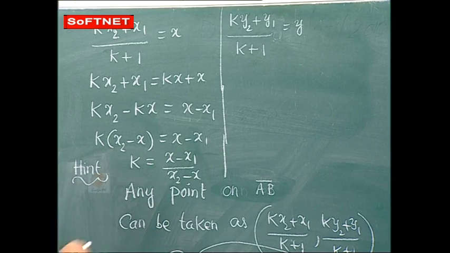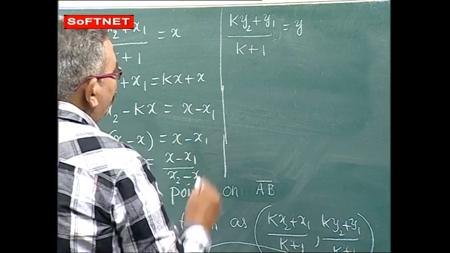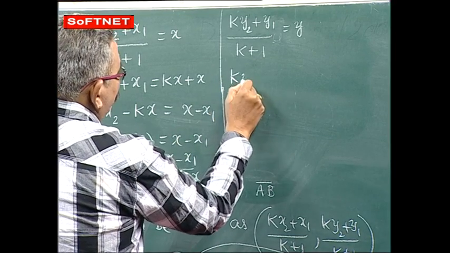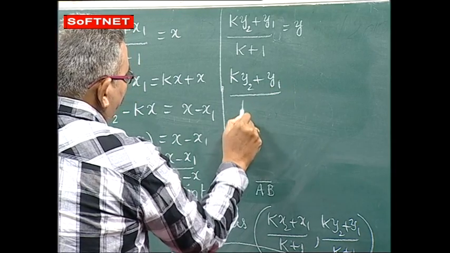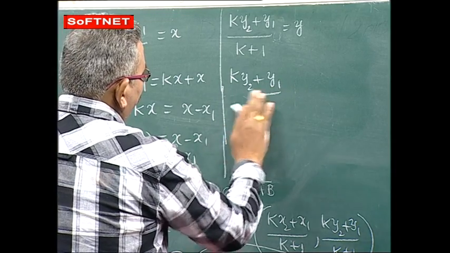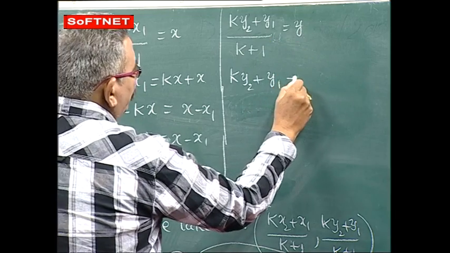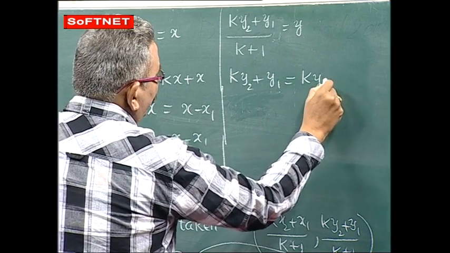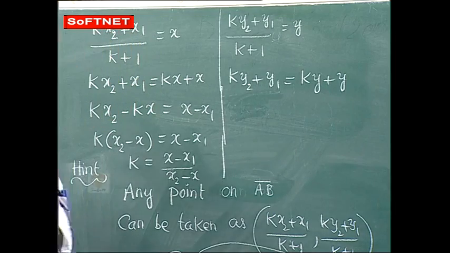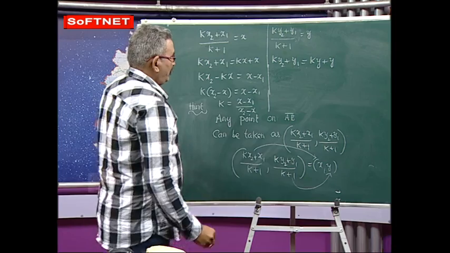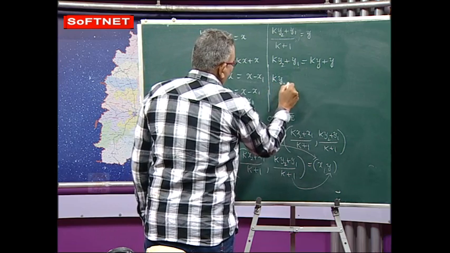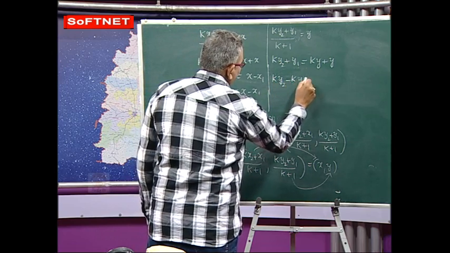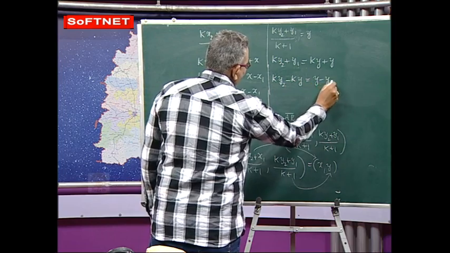Otherwise, if you equate this one, (ky2 + y1)/(k + 1), sorry, if you cross multiply, you get ky plus y. Bring ky this side, ky2 minus ky is equal to y minus y1.